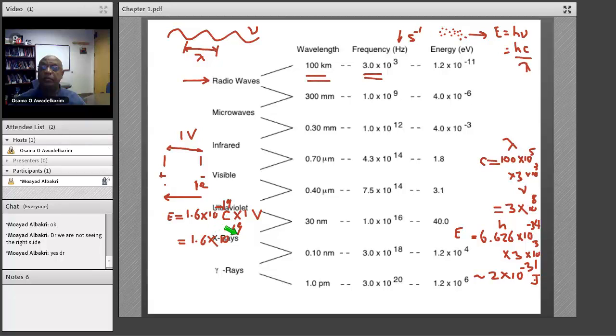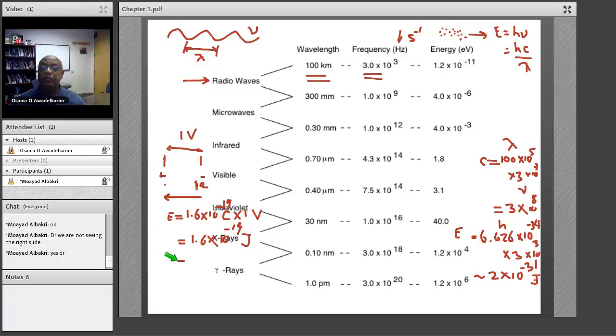Okay? Because the energy when a charge moves in a potential is equal to the charge times the potential. So the energy for the electron when it moves from here to here at this potential difference of 1 volt, the energy gained is 1.6 times 10 to minus 19 joule.